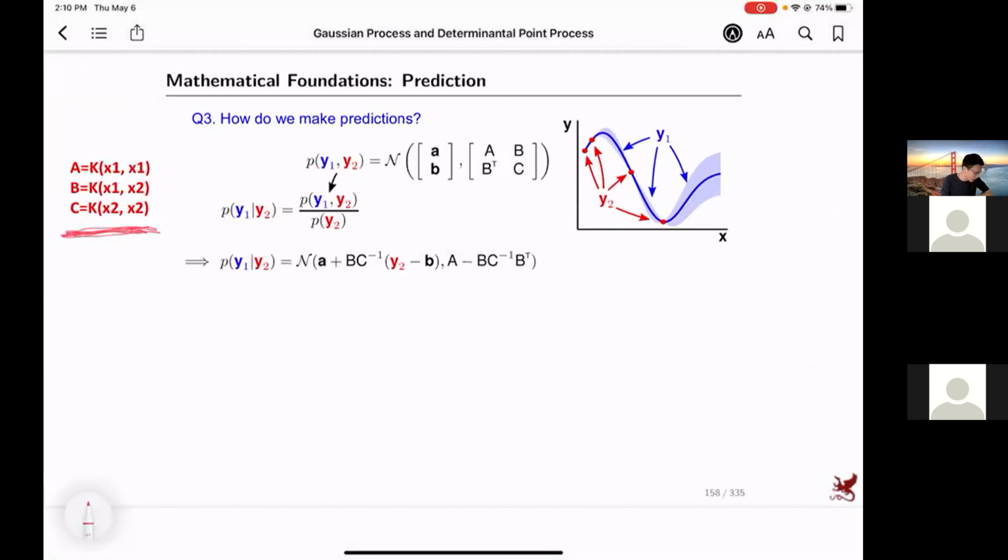One is the values of this x. The other one is the parameters inside this kernel function K. If we have this A, B, C, then we can come up with this conditional distribution, Y1 conditional on Y2. So that is saying, given the observed Y2, we actually know the distribution of Y1.